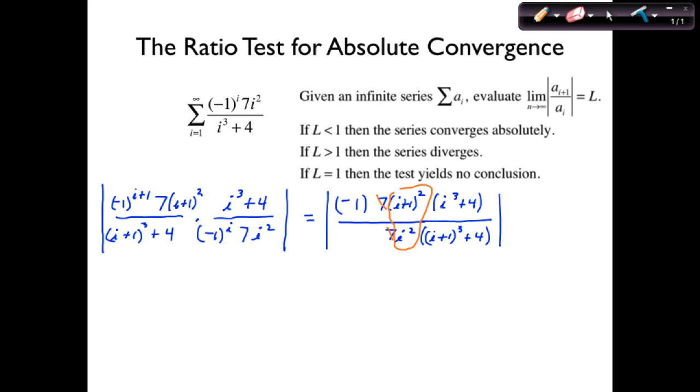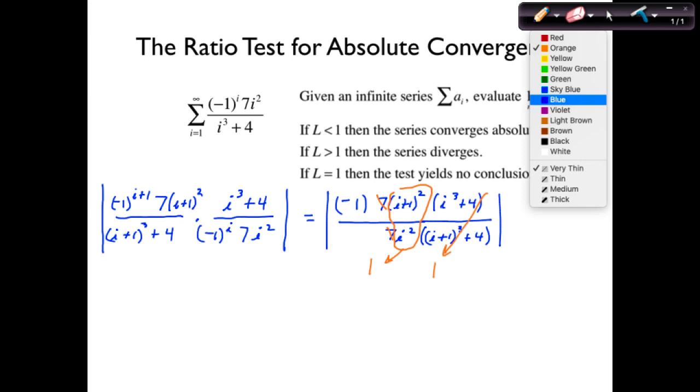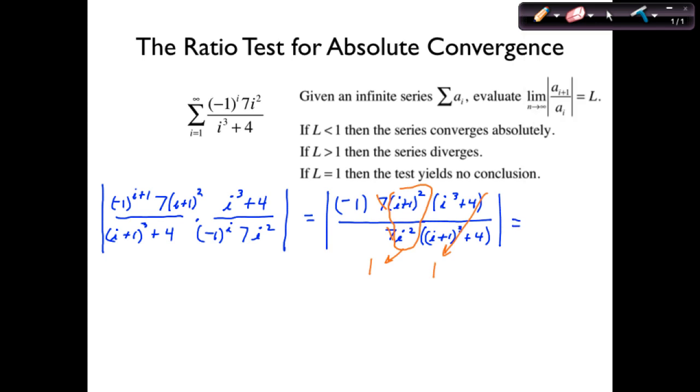What about i^3 and i^3? Again, 1, right? So this goes to 1. This goes to 1. Therefore, the limit is 1. That's right. So it goes to 1 as i goes to infinity.